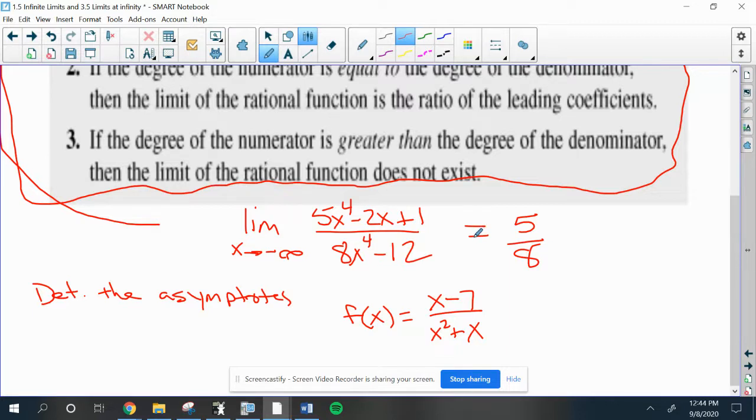Well, now we're not actually doing limits, but you do have to think in terms of limits or asymptotes. And you have to remember this could have vertical and horizontal asymptotes.